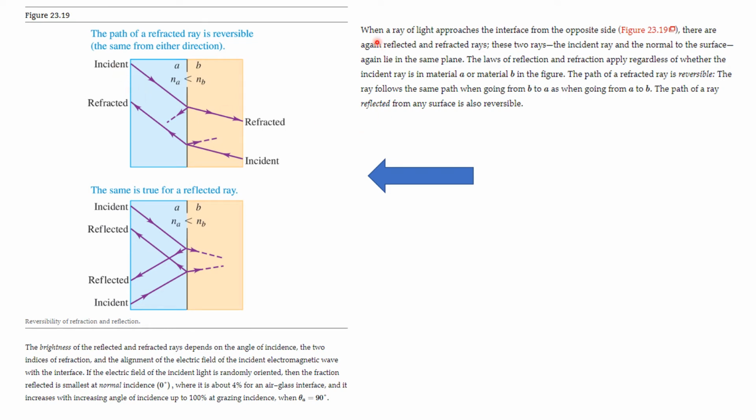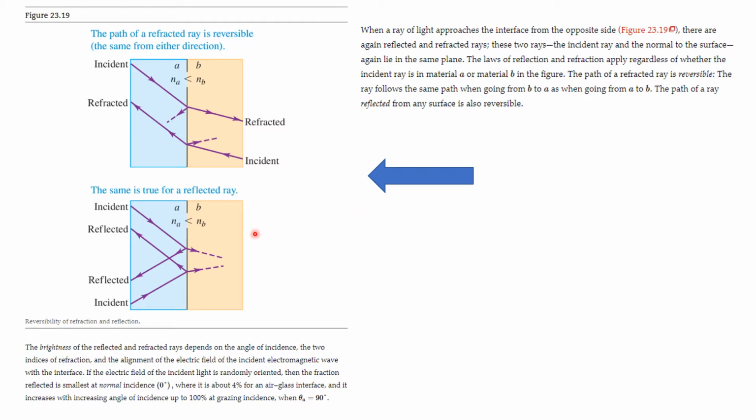And when a ray of light approaches the interface from the opposite side, there are again reflected and refracted rays. These two rays, the incident ray and the normal to the surface, again lie in the same plane, and the laws apply just as before. And so the path of a refracted ray is reversible. It's the same from either direction.